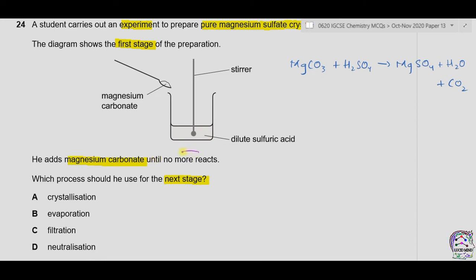As he uses magnesium carbonate until no more reacts, it means magnesium carbonate is in excess. So in order to remove the excess magnesium carbonate which is unreacted, he must do filtration as the next step. The answer is therefore C.